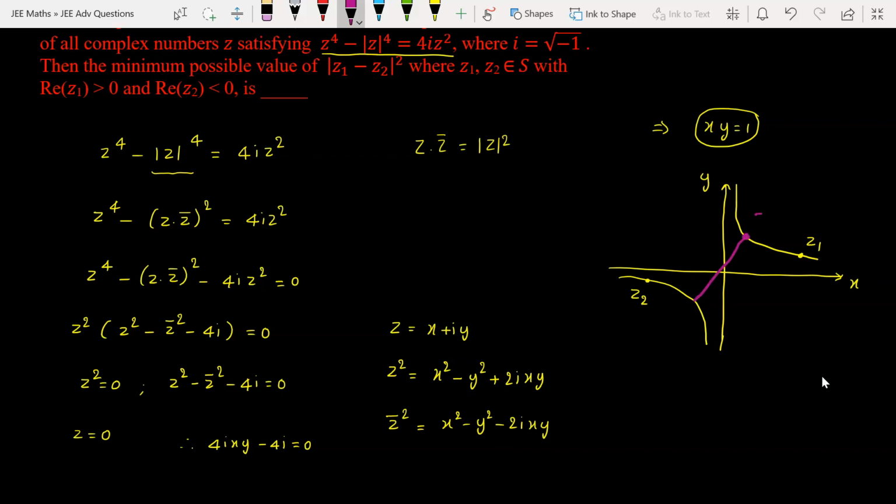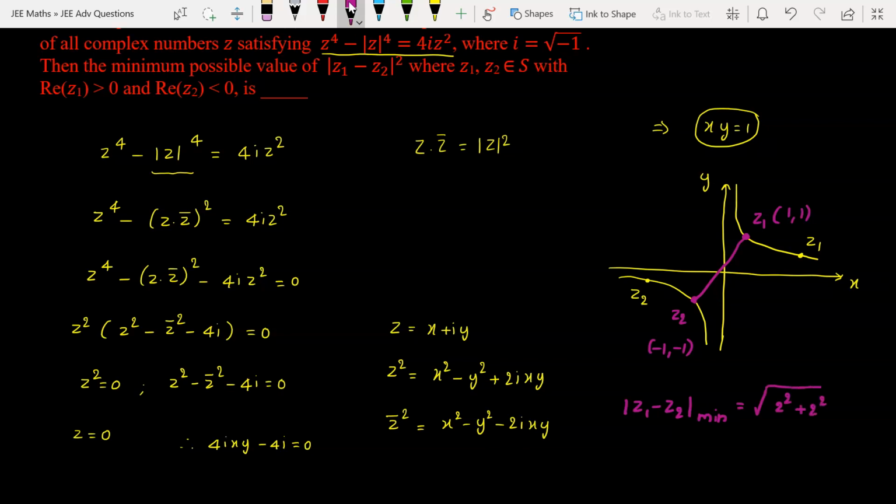So if we take z1 as (1, 1), that means 1 plus iota, and z2 as (minus 1, minus 1), that is minus 1 minus iota, then in this particular case the distance between them is going to be least, because the transverse axis is normal to both the branches. So modulus of z1 minus z2 minimum is 1 minus of minus 1, that is 2, 2 square plus 2 square.